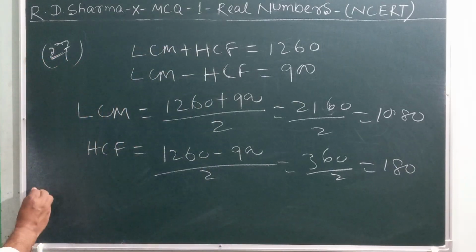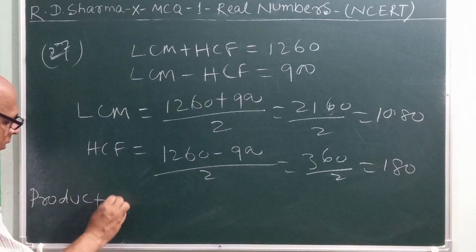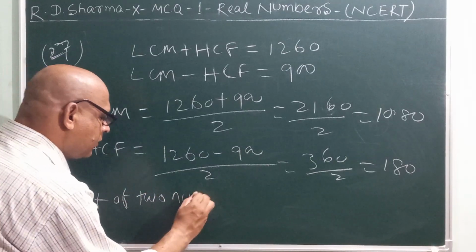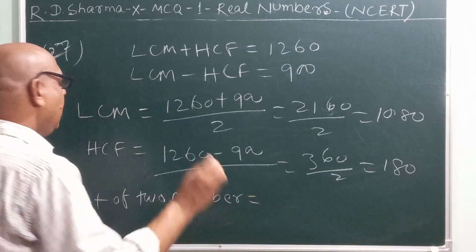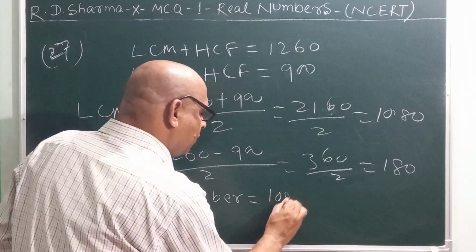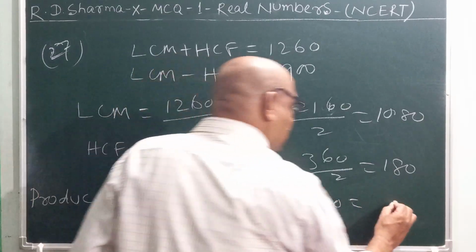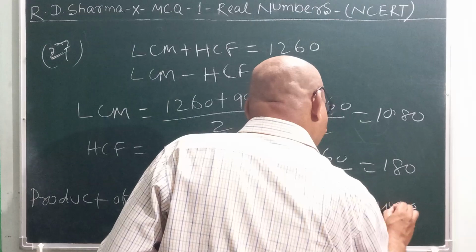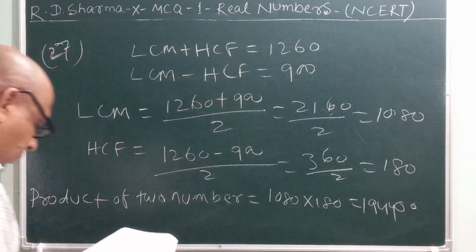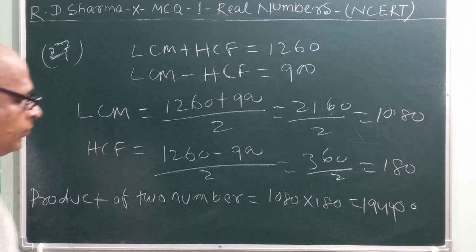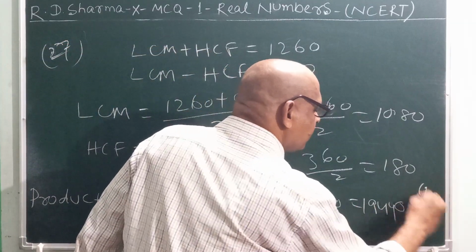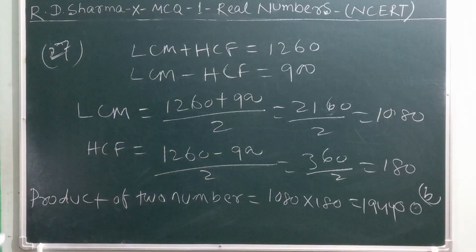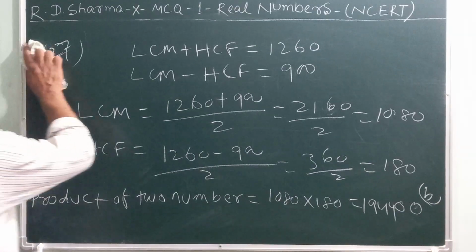Then the product of two numbers equals LCM into HCF, 1080 and 180, which is 194400. Answer B, the right answer. Next, 28.